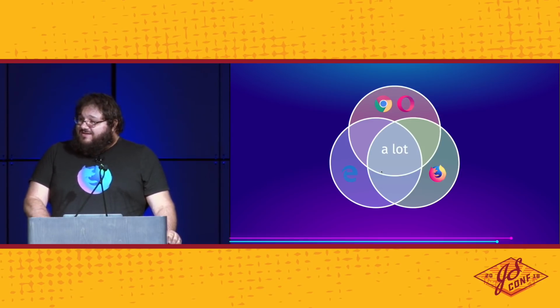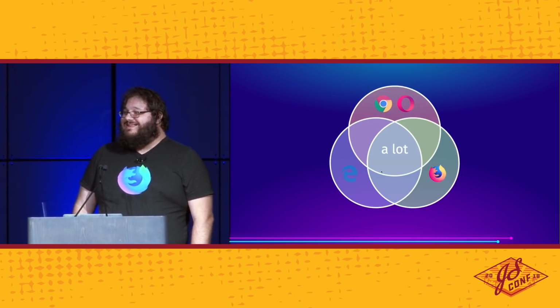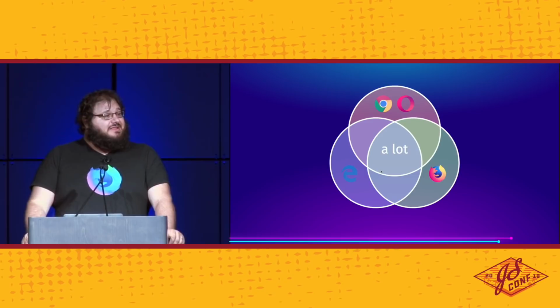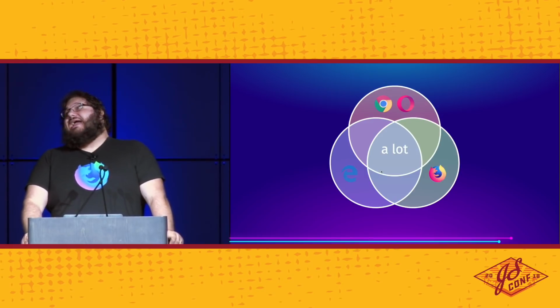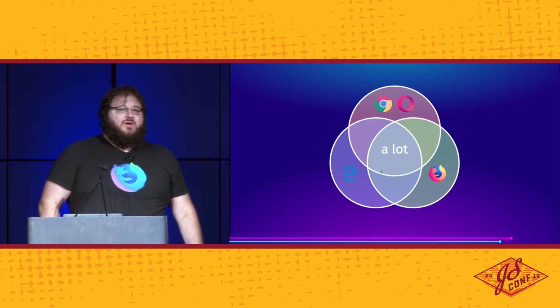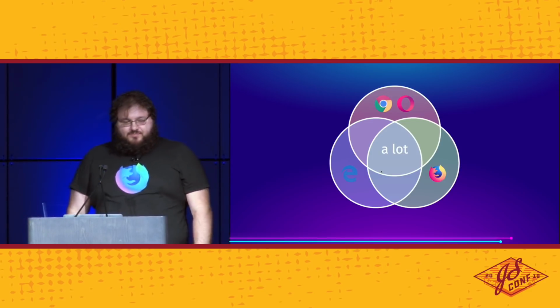And in reality, the problem with real Venn diagrams is the actual overlap here is 90%, right? It's not 0%. They share a lot of the same common core, and there are extension capabilities that exist in one browser and no others, and in two browsers and no others, et cetera.